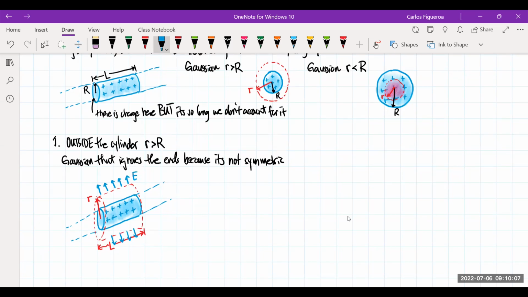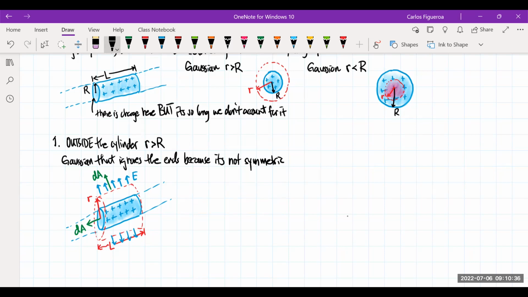So now what I see here is that there are two areas. There's the area perpendicular to the curved wall. So I'm going to call that dA, and note that there's an area perpendicular at the ends. So what you're seeing here is that there's my Gaussian. And so what I'm going to focus on is the flux.